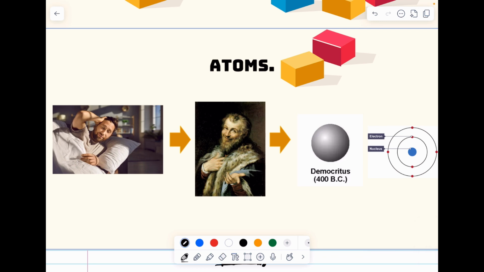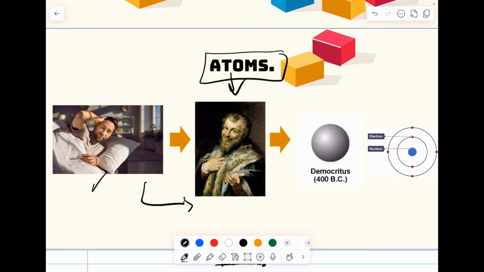So, as you can see, this guy over here, random Greek guy, he woke up one day and he literally hit this pose and he said, "How can I terrorize chemistry students? Let me make something called atoms." And he said that everything is made up of atoms.